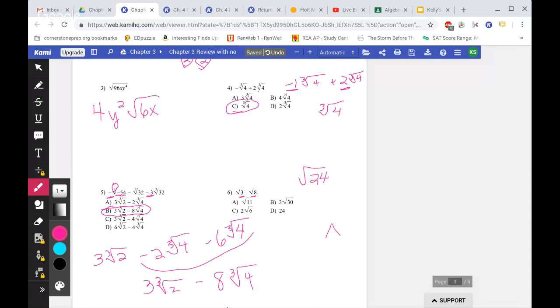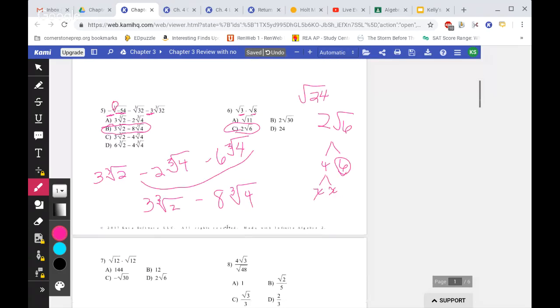So when we factor that, that's 4 and 6 and 2. So we can pull out a 2 because there's a pair of 2's. So that's 2. And then I've got this 6 left. So 2 times root 6. Well, that makes sense.